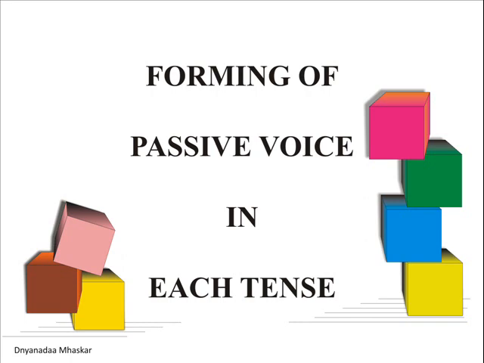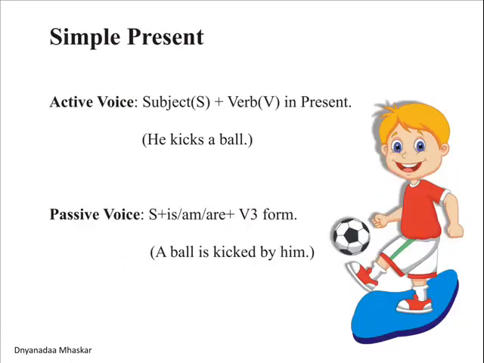So we are going to look into each and every tense individually, and I'll tell you what these forms are. Let us come to the first tense, that is simple present. Let us see the form of simple present. Last time when I was teaching you tenses, I told you that the way in mathematics you have certain formulas, in the same way in grammar we have certain formulas so that it's easy for us to remember.